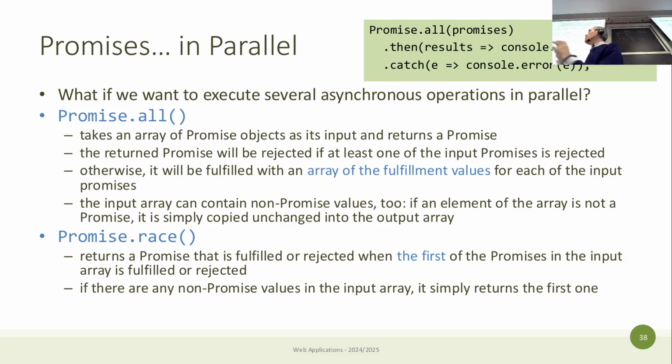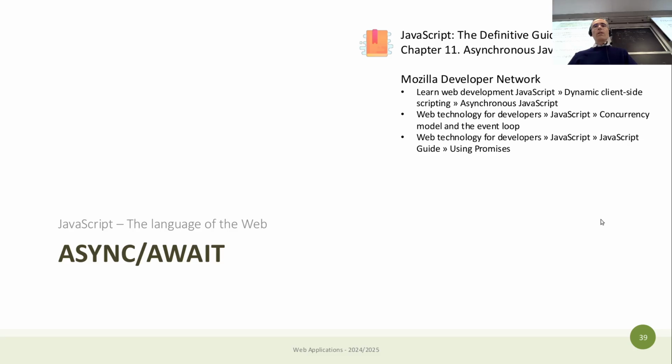Okay? But for completeness, once you have the concept of the promise, you would like to parallelize things, well, you need to find a way to make sure that all promises have been solved in a final state. And that's the way. Okay.